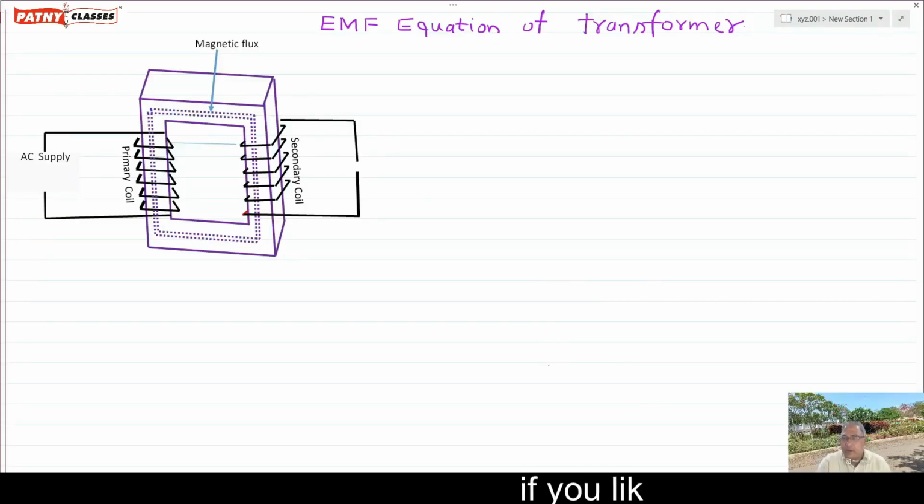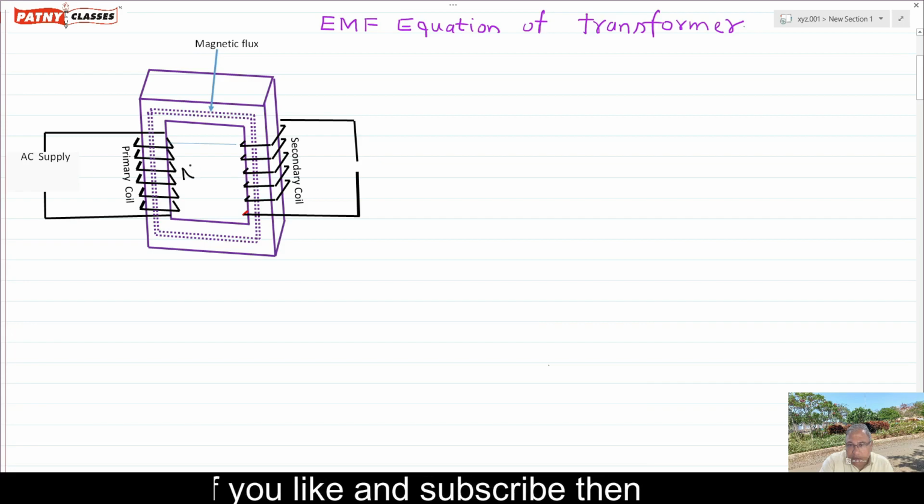Now we have to find the EMF equation of the transformer. For that purpose, let the number of turns of primary be NP and the number of turns of secondary be NS.